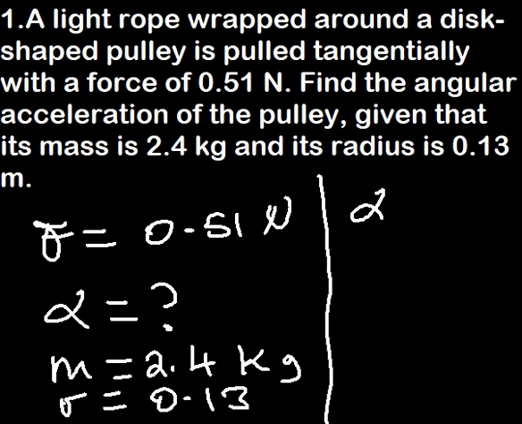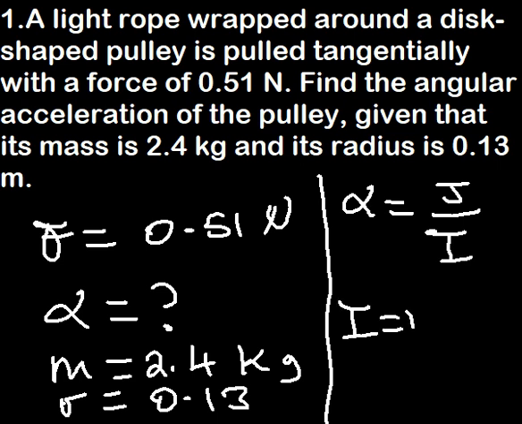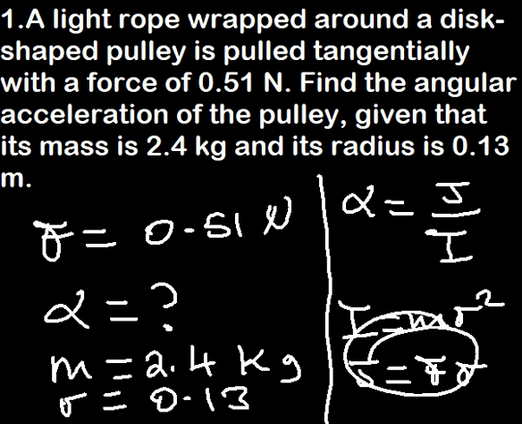The angular acceleration will be given using the formula for torque: angular acceleration is torque divided by the moment of inertia, where the moment of inertia is I equals m r squared, and the torque is force times radius. So you'll be able to have the angular acceleration in that case.